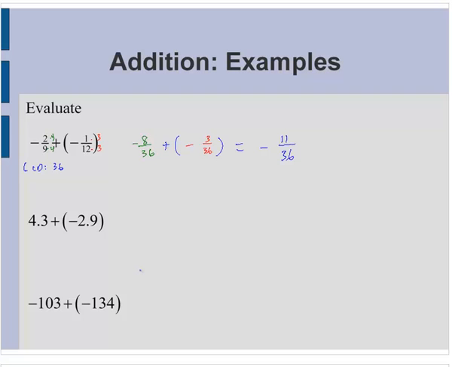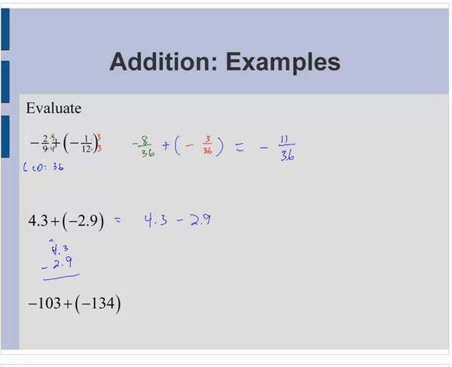4.3 plus negative 2.9. All right, different signs. Keep the sign of the larger value. 4.3 is larger than 2.9, so it'll be positive. And we would subtract the values. So really, this is the same as 4.3 minus 2.9. To subtract decimal numbers, we line up the decimal.